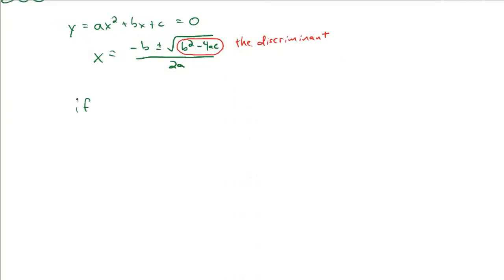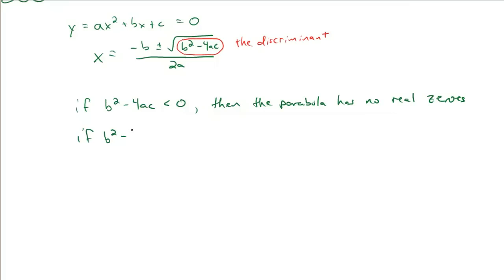Let me just summarize that. If the discriminant b squared minus 4ac is negative, then the parabola has no real zeros, meaning it won't show up on a normal graph. If b squared minus 4ac equals 0, then x equals negative b over 2a is the only 0.